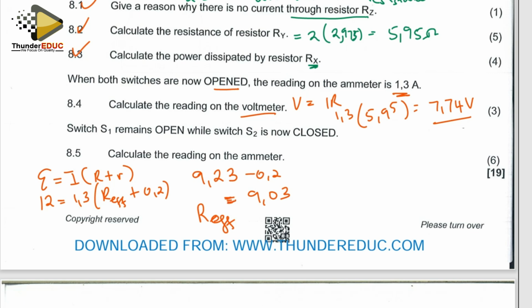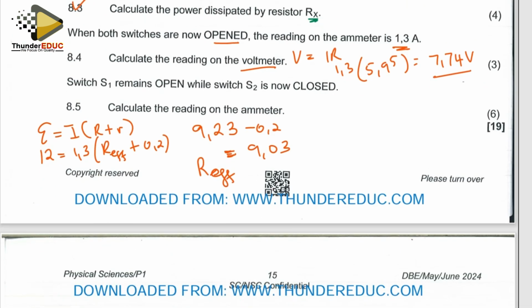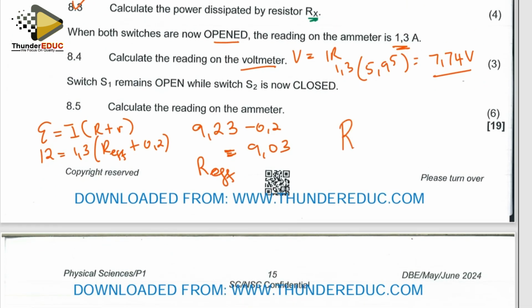Okay, the effective resistance across. Now, we know that Y and Z are in series, but already Y is 5,95. So for me to get RZ, it's going to be 9,03 minus 5,95.